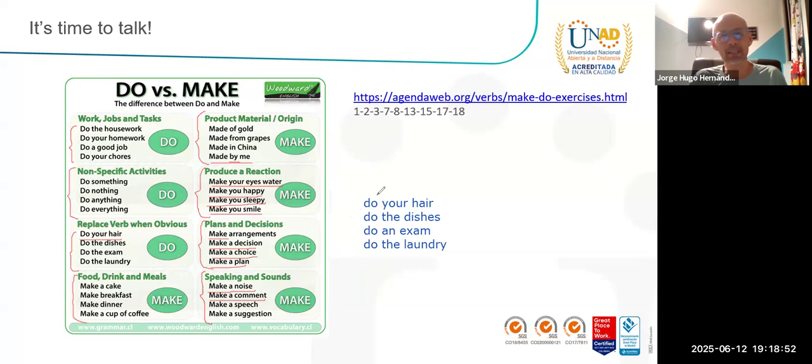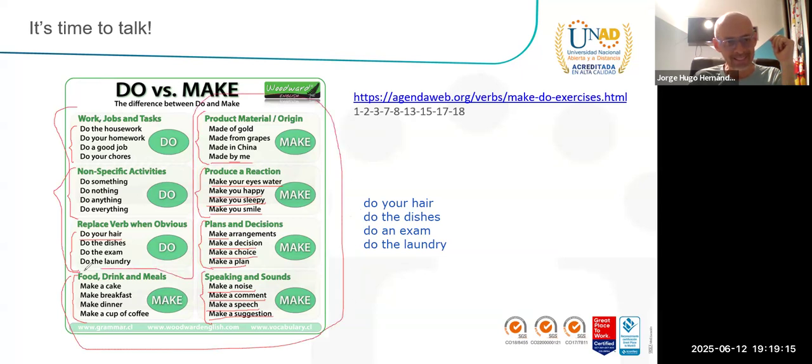Se tiene que hacer un comentario, ¿no? Make a comment about the book. Make a speech. Or make a suggestion. Hacer una sugerencia. Okay? So, in theory, these are the cases when we use the verb do and when we use the verb make. Okay?